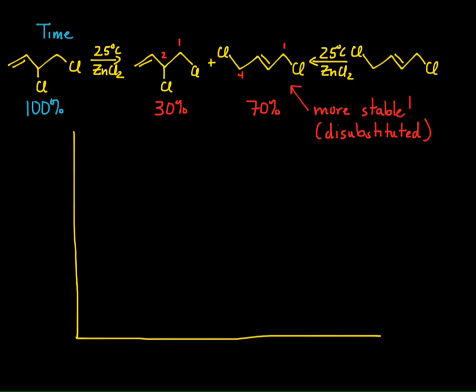So I can think about a reaction coordinate, right? And think about what's going on in this that would give us these product distributions, and why they would change. So if I start with my reactants, 1,3-butadiene and HBr, I know that there's going to be an energy barrier to form the allylic carbocation plus bromide.